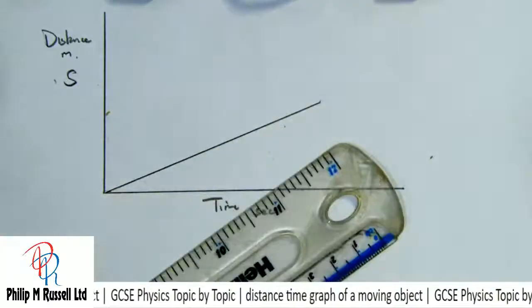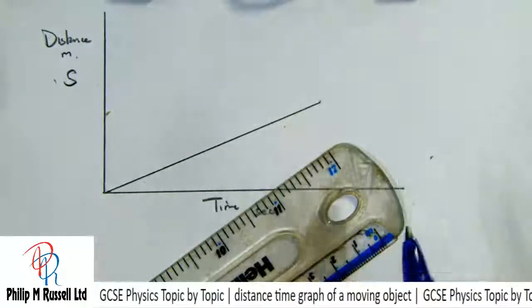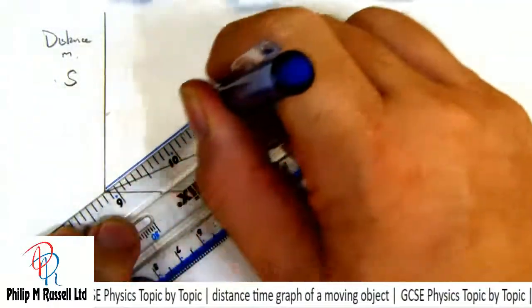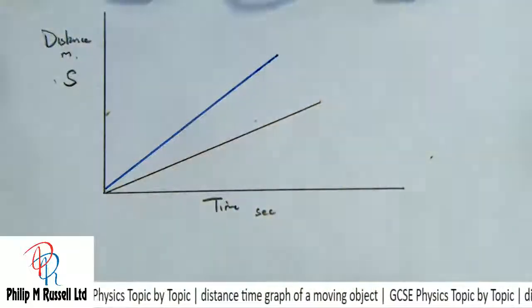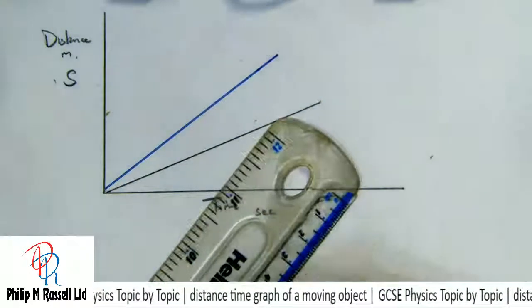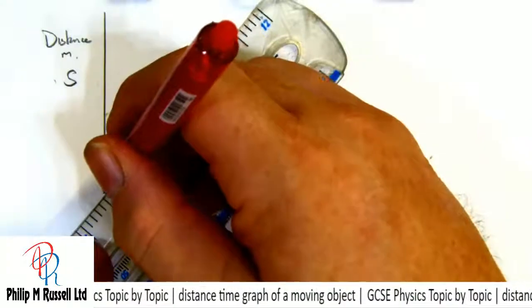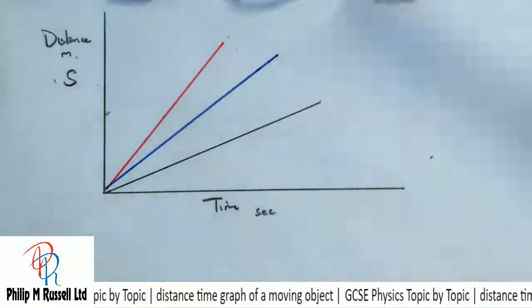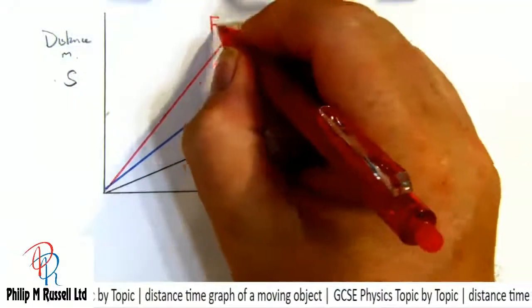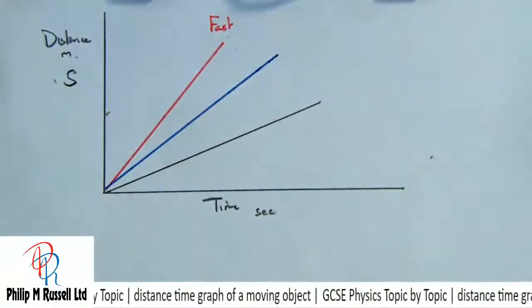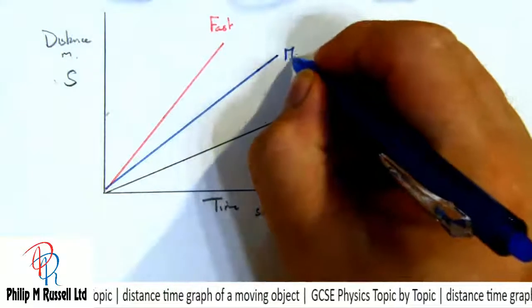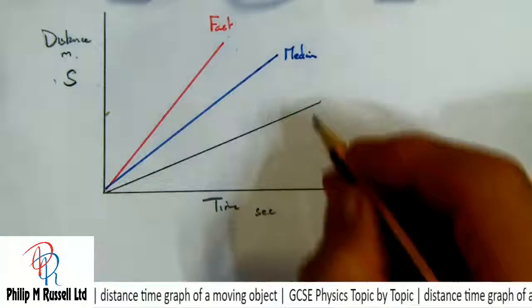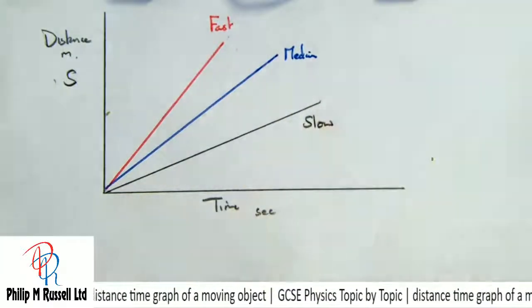So I've got a slow one, and then I might have a faster one, and then a still faster one. So there's my fast, my medium speed, and my slow.